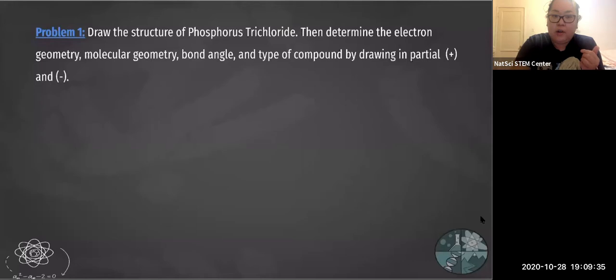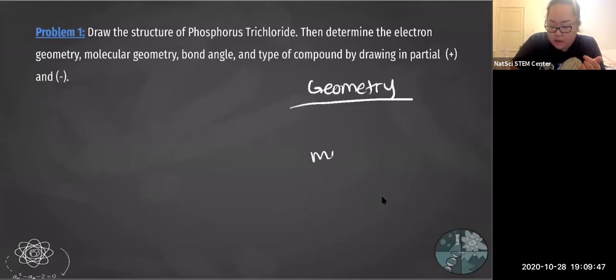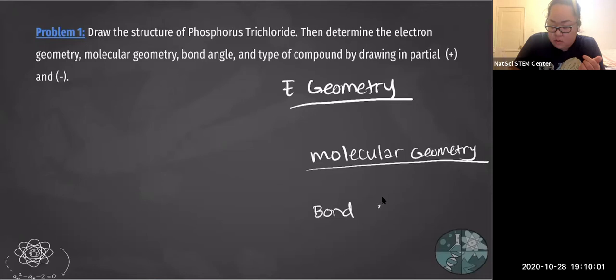So it's phosphorus trichloride. I want you guys to determine, so tell me, the electron geometry, molecular geometry, bond angle, and compound: polar or non-polar?